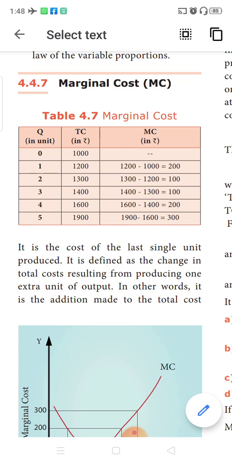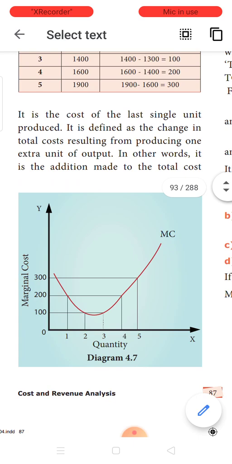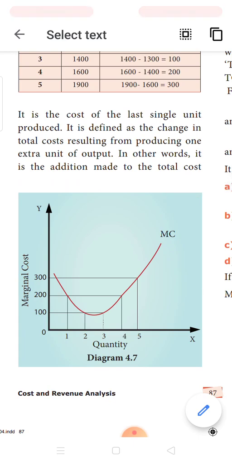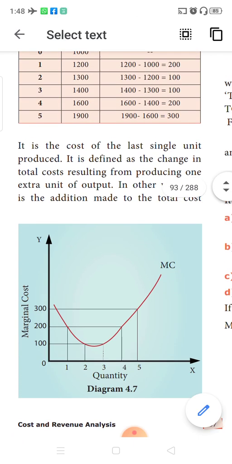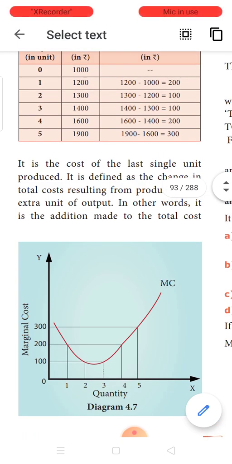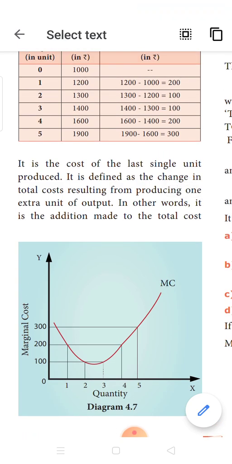Now, with the same table, you can construct a graph also. The MC curve could be constructed. What is happening? Initially, the marginal cost is falling down. Beyond a certain level, it starts to increase. So, the MC curve also will be a U-shaped curve. What is the nature of the MC curve? That also will be a U-shaped curve.